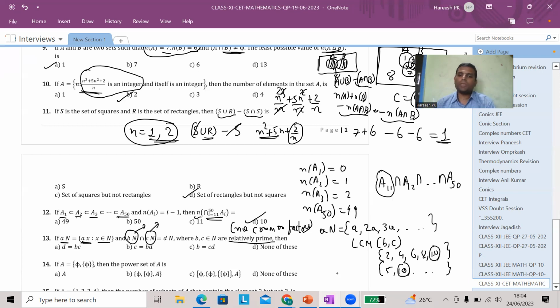So LCM of B and C is nothing but B into C. So this B intersection C is common points between B and C. We just now figured that common points is LCM, and LCM is BC. And that BC should be equal to D. So the answer is D equals BC.